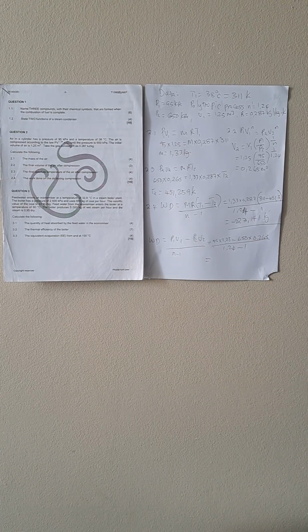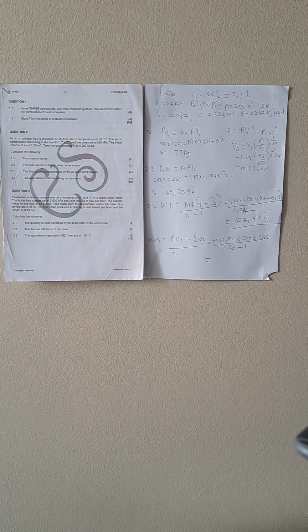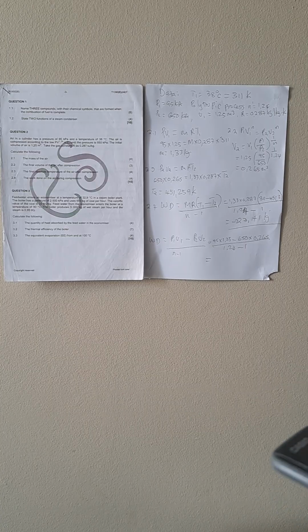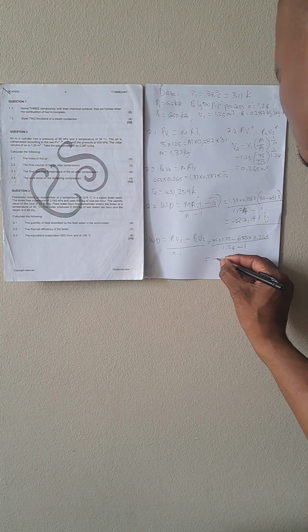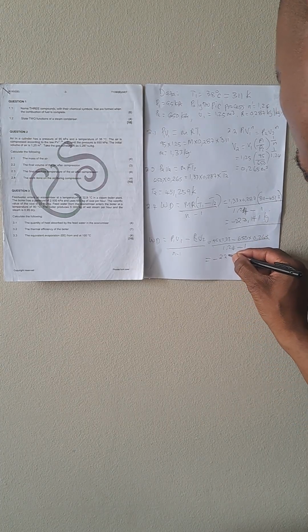So let's substitute to get our answer: 95 times 1.25 minus 650 times 0.265 over 1.24 minus 1. I'm getting minus 223.141.